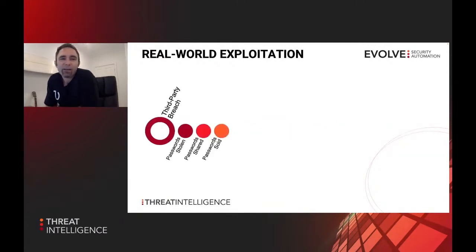When you think about exploitation, you also need to think it's not just software being exploited, it's any attack that's going to breach your organization. Another attack vector that we see quite commonly is where a third party has suffered a security breach and had their passwords stolen.